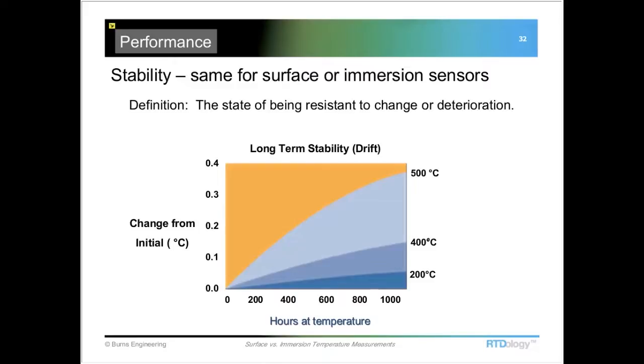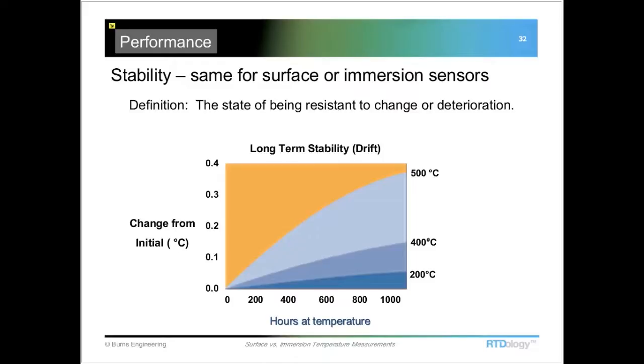One thing with both of these type sensors, RTDs do drift over time. Thermocouples are going to drift a little bit more than what RTDs do. This graph is for an RTD.